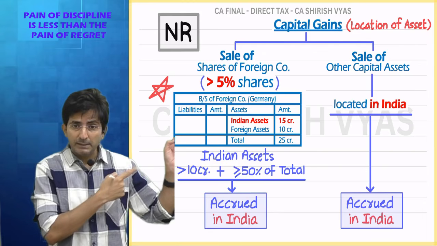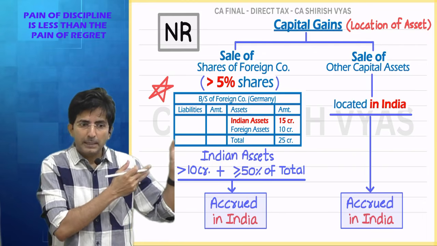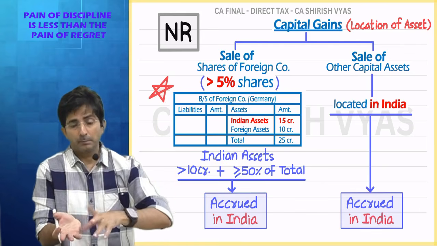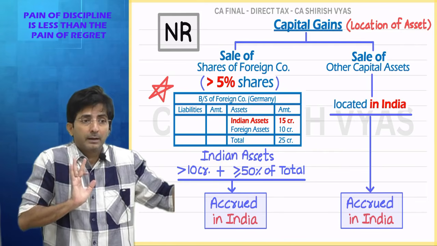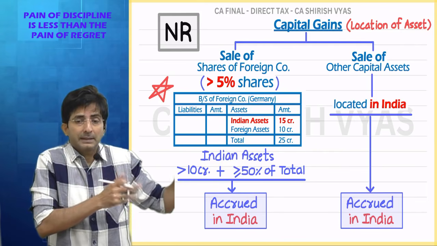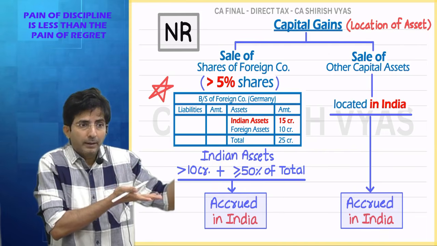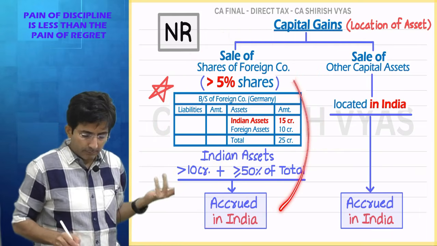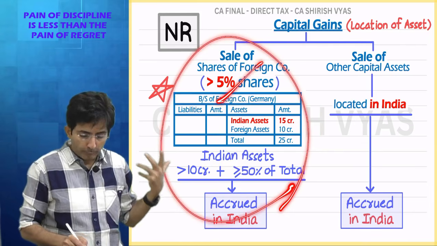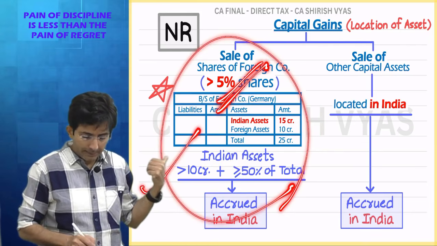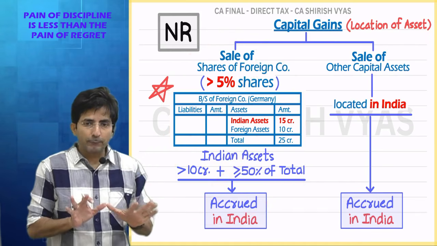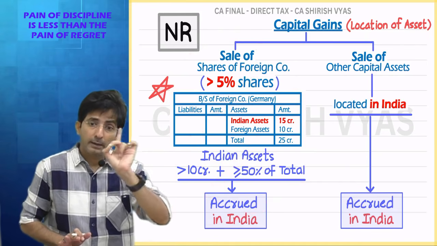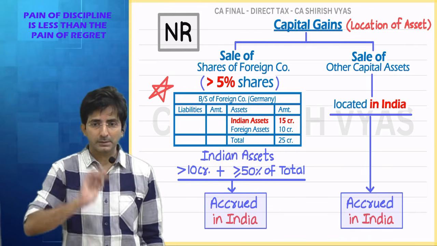Even if that German company in my example has its place of effective management in India, although it can become R, basically it's a foreign company. And foreign company shares' capital gains accrue in foreign only, except in this situation I created, with the more than 50% and 10 crores condition. But in general, once the company is foreign, the company matters, not its residential status.